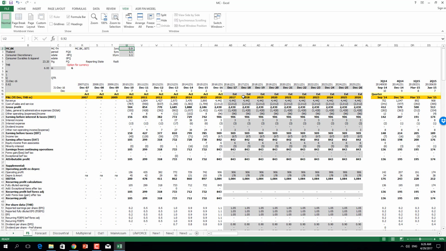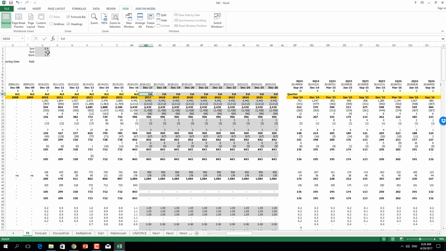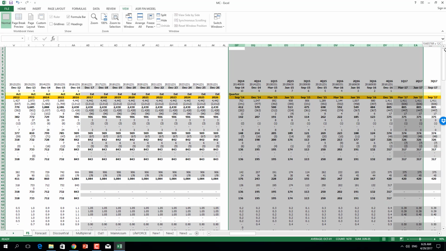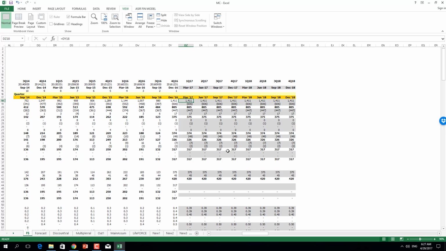Now you'll also see a gray area here. What you'll always notice in the structure of my file is that the annual will be here and the quarterly will be next to it, if there is any quarterly. Now why are there gray areas here if I tell you that you don't want to put anything in here?